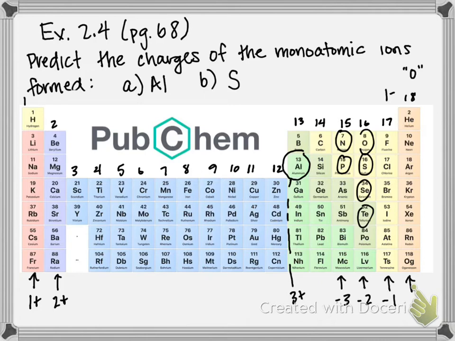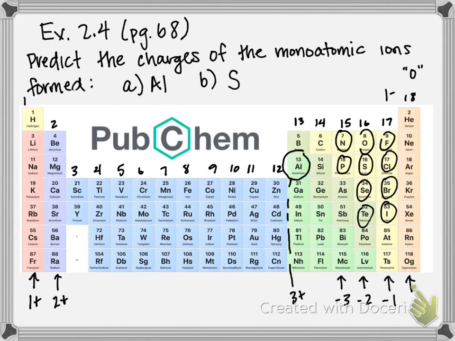And then in Group 17, it's fluorine, chlorine, bromine, and iodine that behave this way. And if you want to reference this in your textbook, figure 2.13 on page 69 has the elements and their ions with predictable charges.